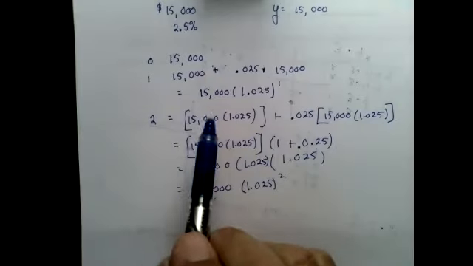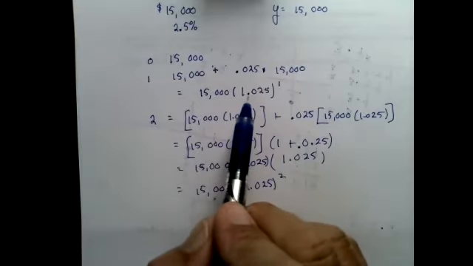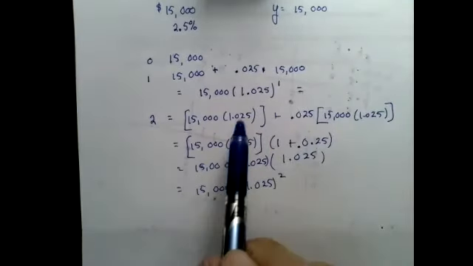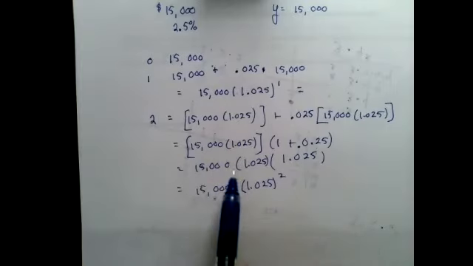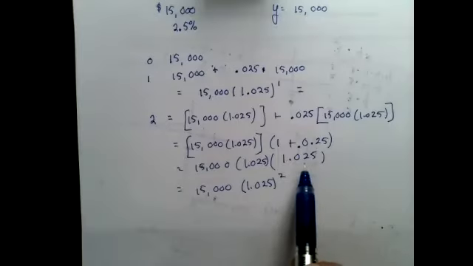So I'm taking my 15,000 and multiplying it by 1.025. I don't know how much money that is, but it'll be nice. The next year, I'm taking that value and multiplying it again by 1.025.